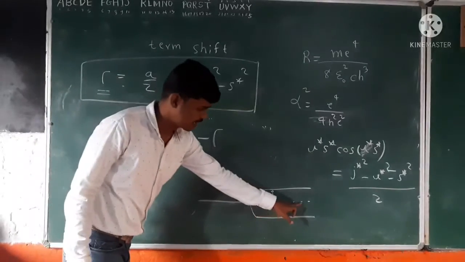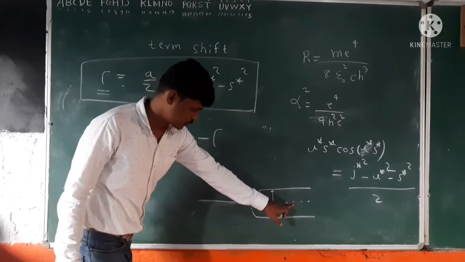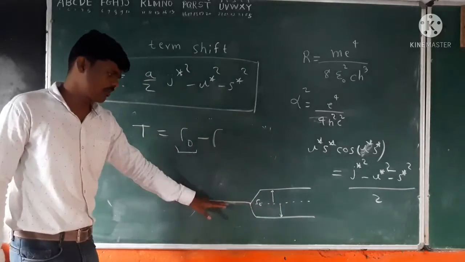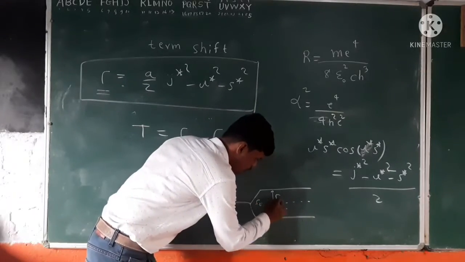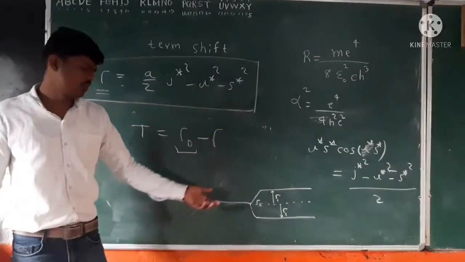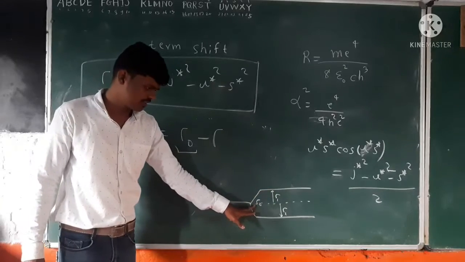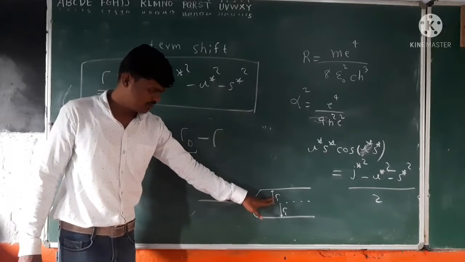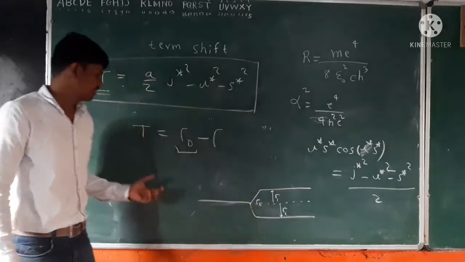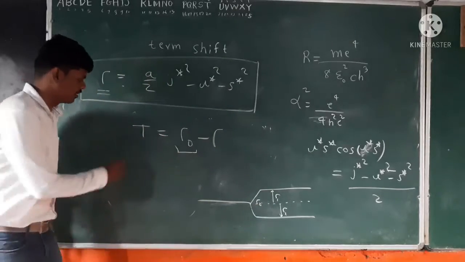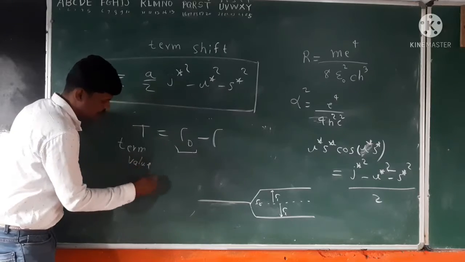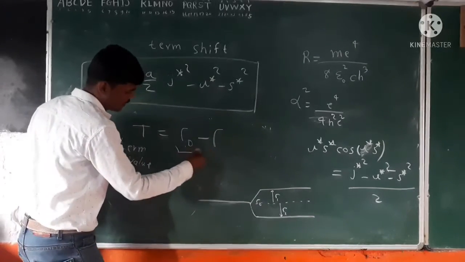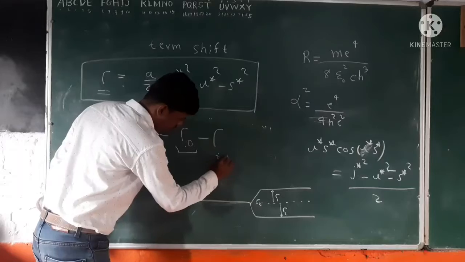This line shows the hypothetical center of gravity for a doublet fine structure. This is the term shift, nothing but tau. Tau 1, tau 2, you can say; those values are different in sign. And then we will get the final term value. Don't confuse these values. This is the term value, this is the hypothetical center of gravity for the doublet fine structure, and this is the term shift.